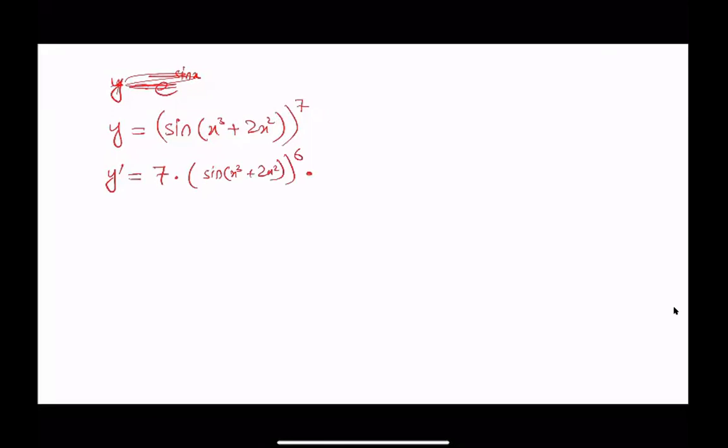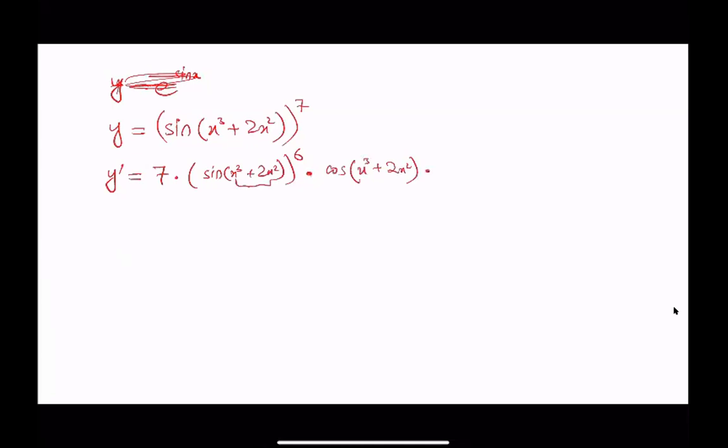What is the derivative of sine x? It's cos x. And again, when we say the derivative of sine x is cos x, x can be anything. In this case, x is x cube plus 2x squared. So I will multiply by cos of x cube plus 2x squared. Step by step. But that's not the full story. We have an even further inside function, the inner function x cube plus 2x squared.